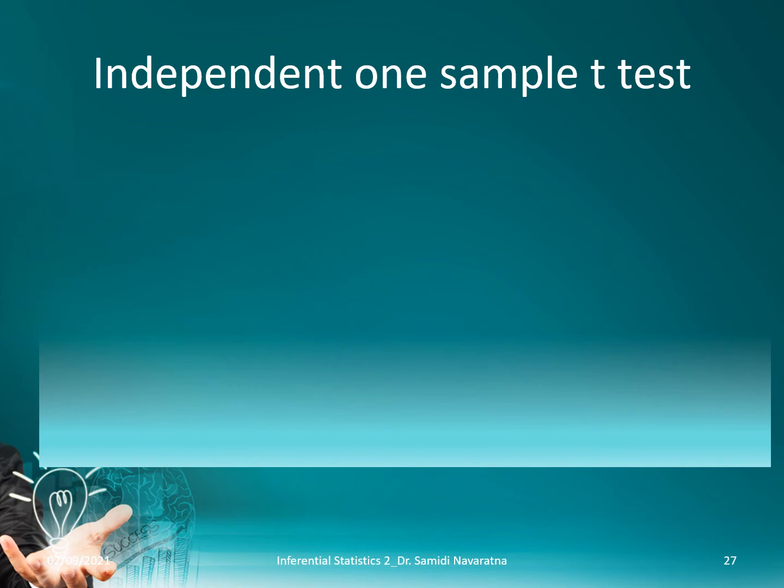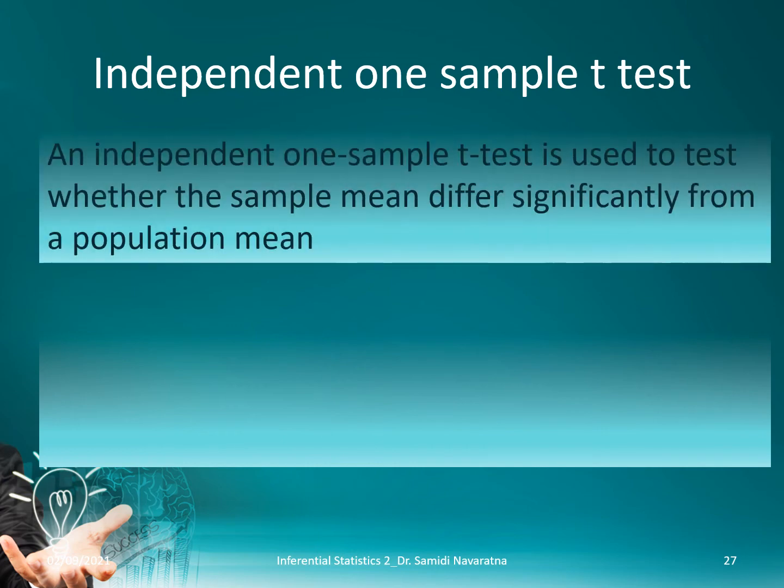Independent one-sample t-test. The one-sample t-test compares the mean score of a sample to a known value, usually the population mean. The basic idea of this test is a comparison of the average of the sample, the observed average, and the population, the expected average, with an adjustment for the number of cases.